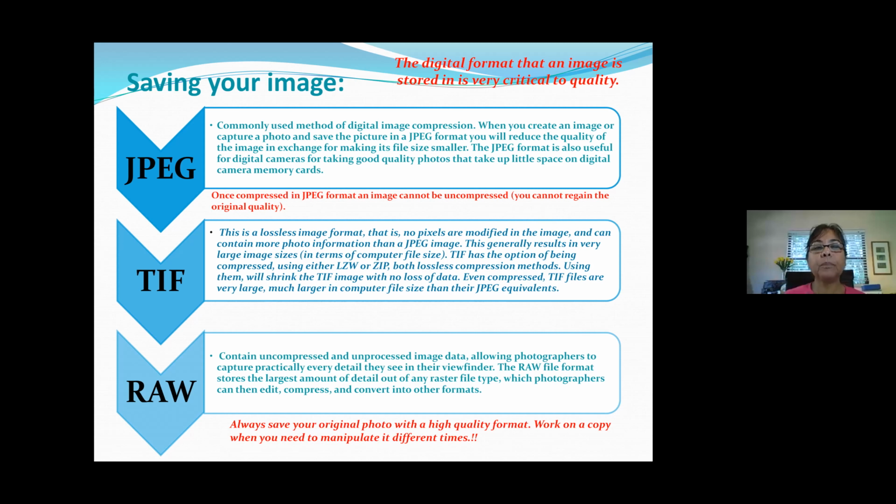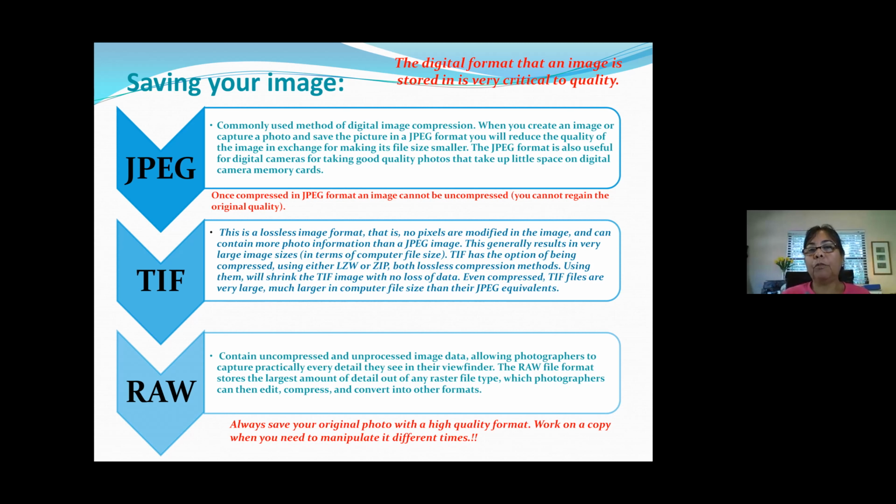Okay. So JPEG is commonly used as a digital image compression. When you create an image, or you have an image in your camera, the option that you have is to save it in JPEG, which will reduce the quality of the image, but it will create a smaller image size. So it depends on what you want to do.